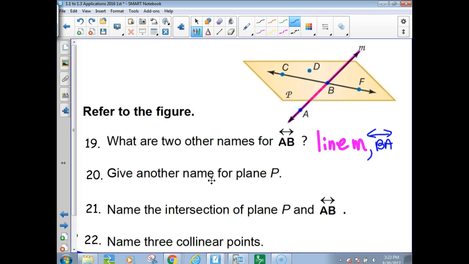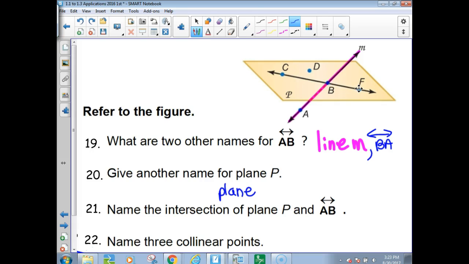I need another name for plane P. So now they already used up the non-point way to name it. If you're going to name this plane, there is a way up here that you cannot do it. It can be plane CB. Can you do F?